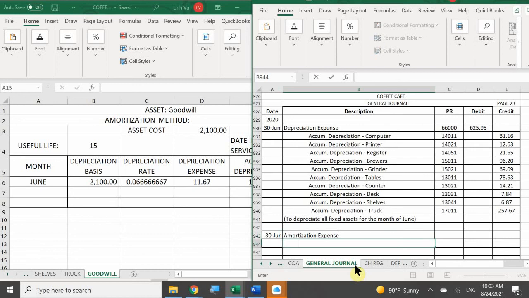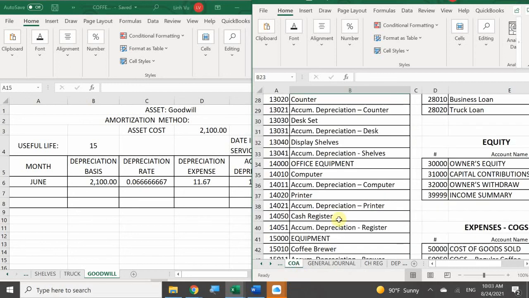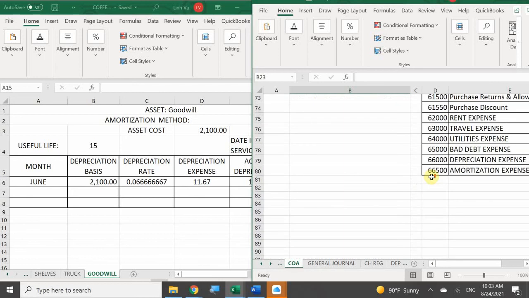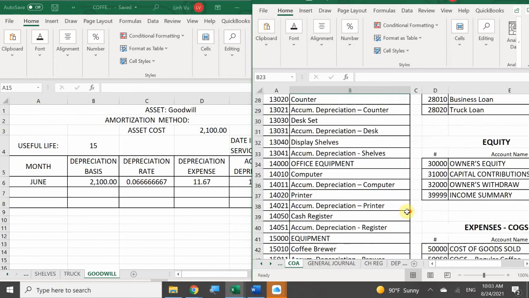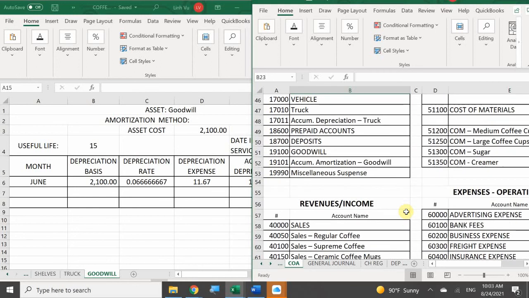The same goes for accumulated amortization, and it's going to be for goodwill. The accumulated amortization is 19,101.